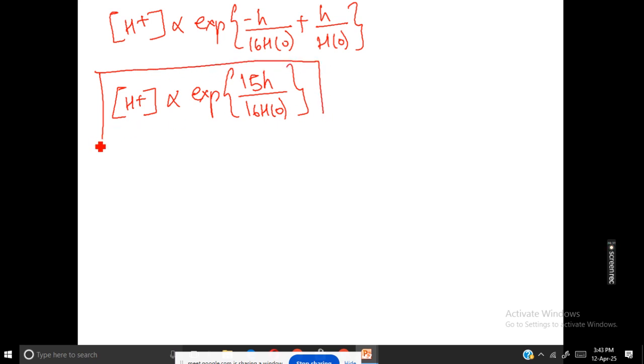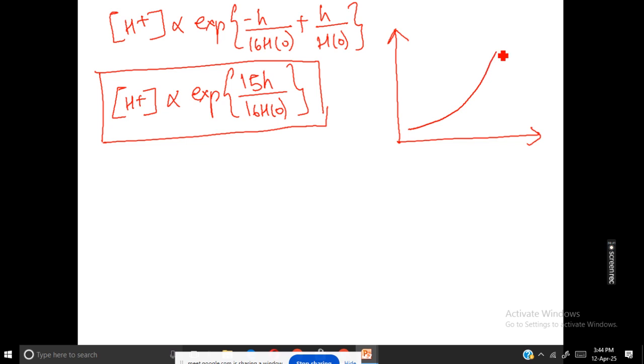So this is the concentration of hydrogen ions in the atmosphere. This equation will give you a pattern like this, since it is a positive exponent, which is different from the general distribution of other elements.